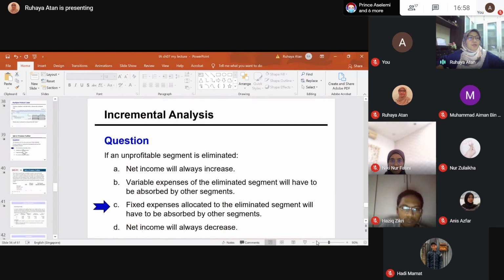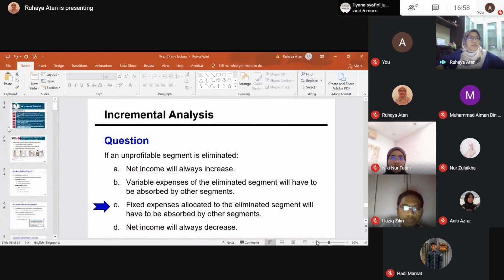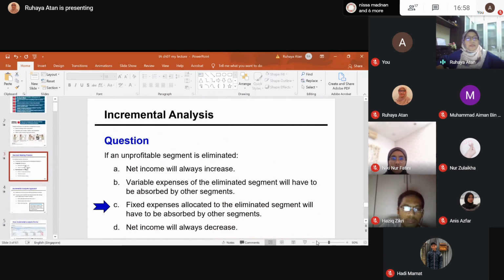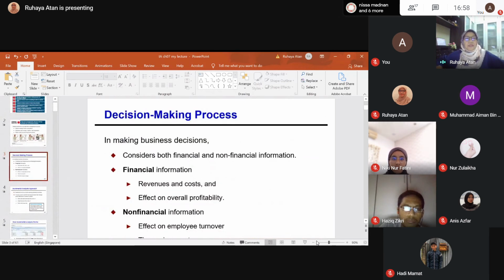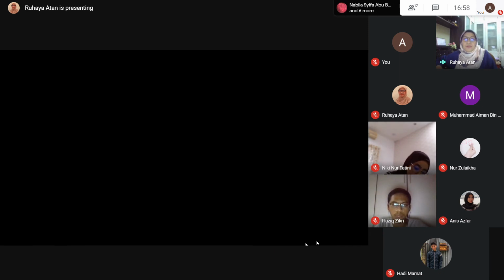I just want to remind you that under incremental analysis, we are making decisions, and sometimes in making decisions, we need to consider the financial and the non-financial information.